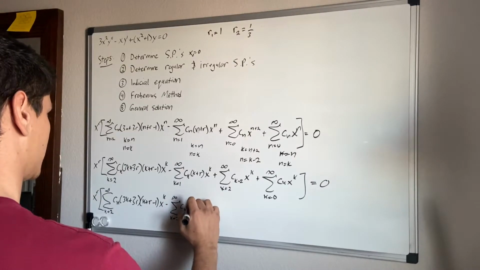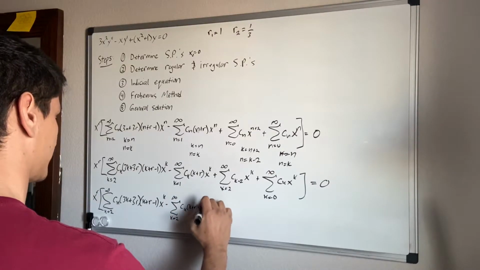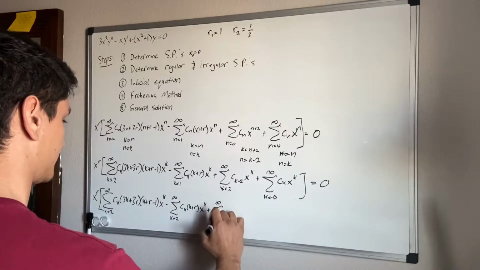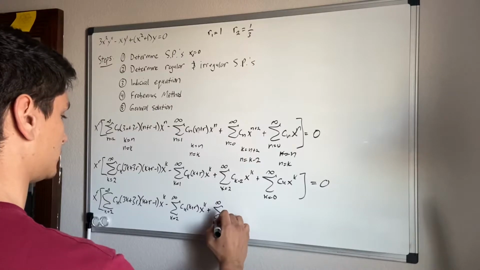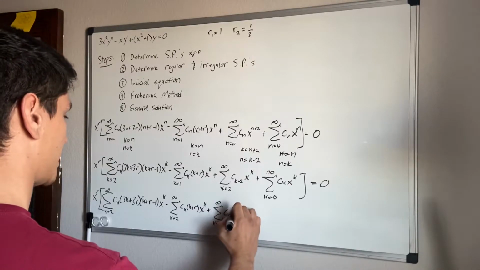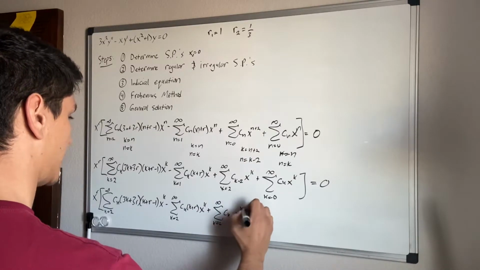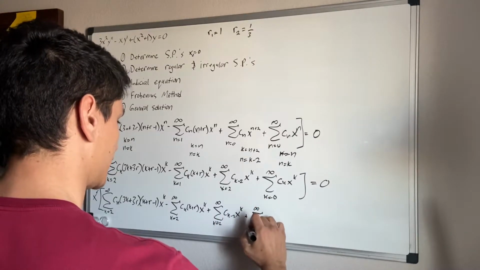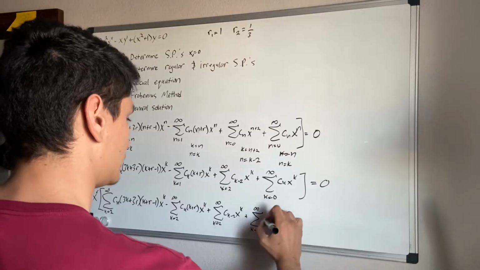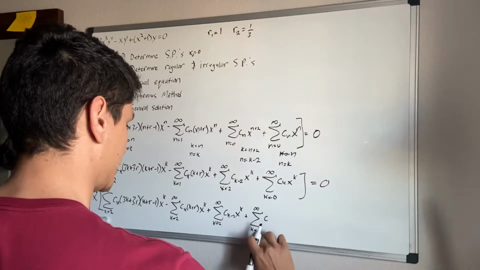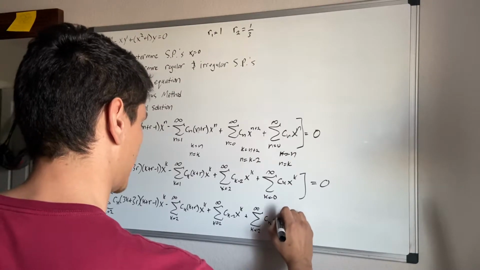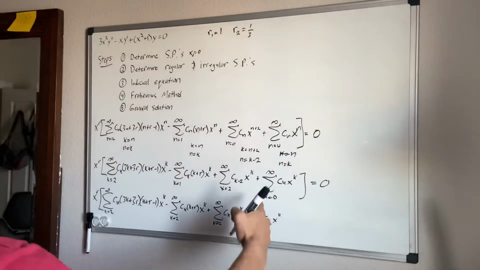C sub k, k plus r, x to the k, plus infinite sum, k equals 2, c sub k minus 2, x to the k, plus another infinite sum, k equals 2, c sub k, x to the k, and now we're going to collect these terms.